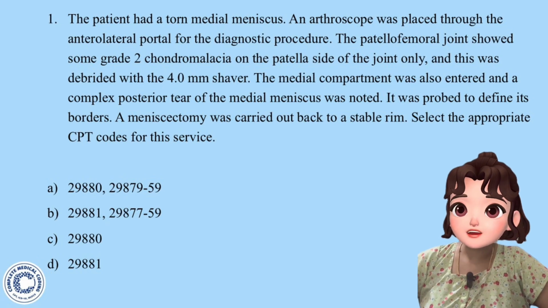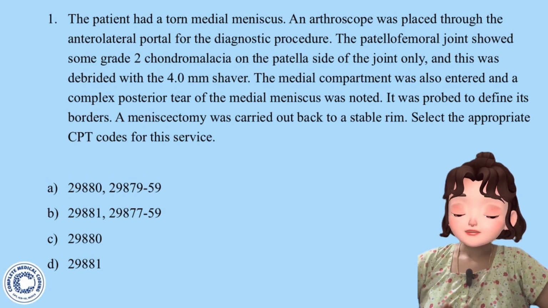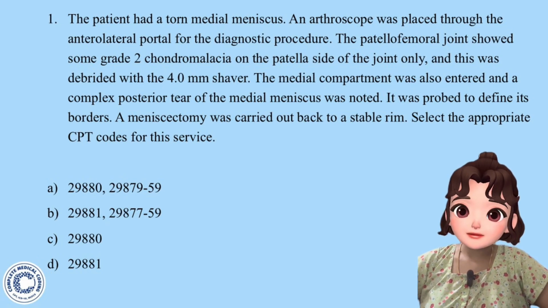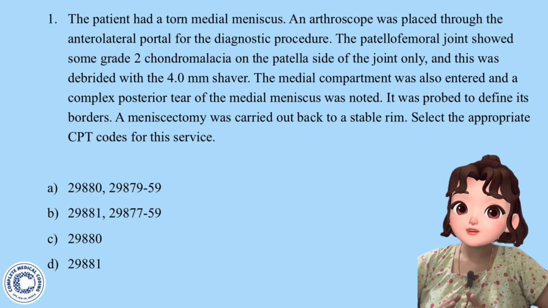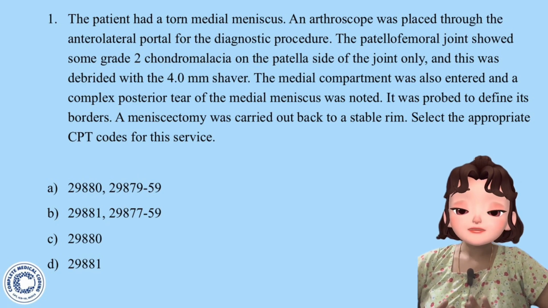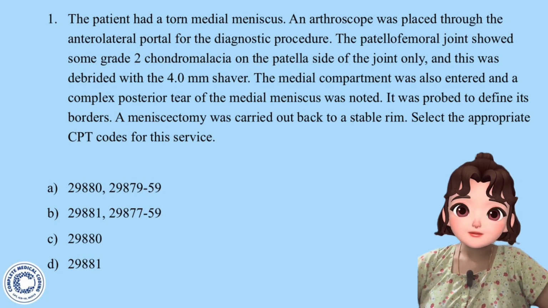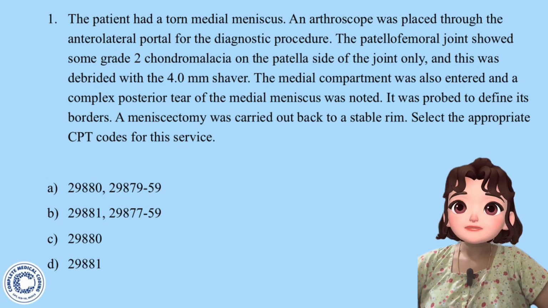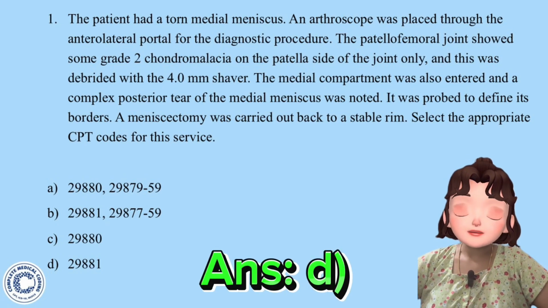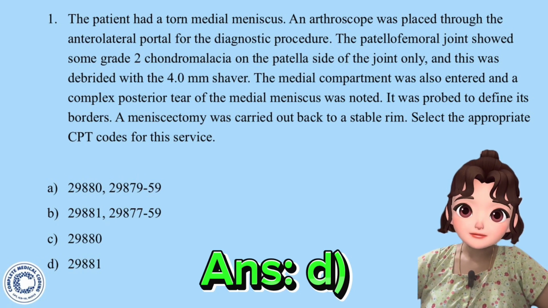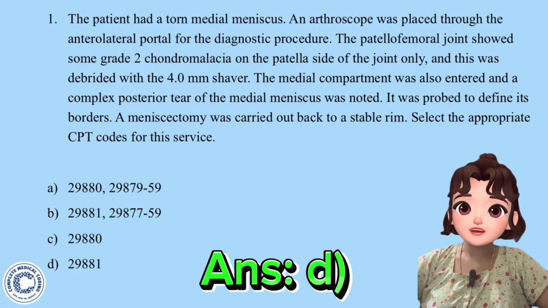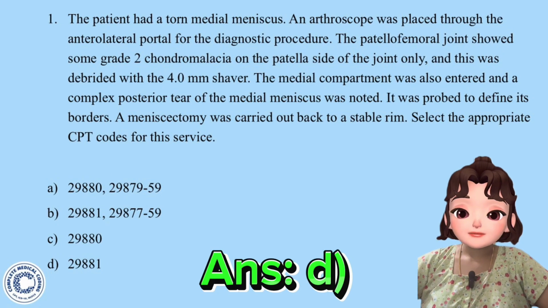So meniscectomy was done on the medial side. If it is only one side, you need to use the code 29881. If in the question it is mentioned both medial and lateral, then we have to go with the code 29880. So here our answer will be option D, 29881, because meniscectomy only medial is performed. That's how you need to check the code.